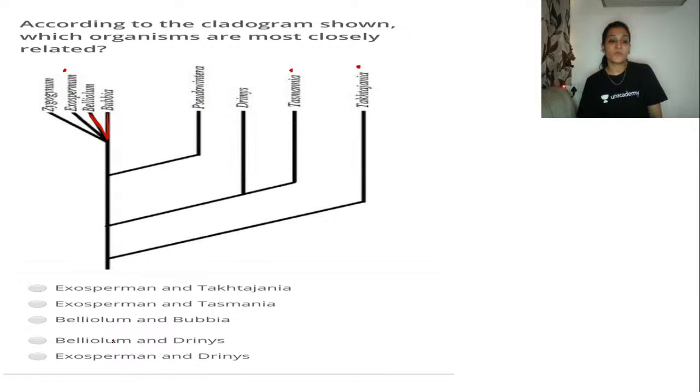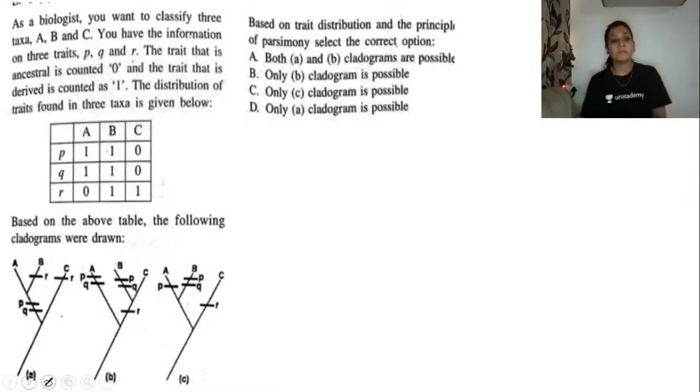Then Belliolum and Drimys, so this is also not directly in the V. Then Exospermum and Drimys, so they are also not directly related. So the most appropriate over here is Belliolum and Drimys. These are the two species which are closely related.